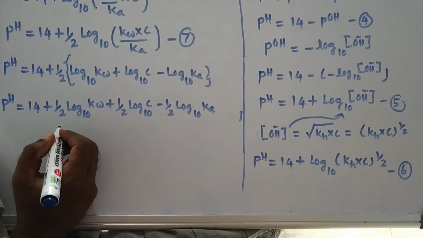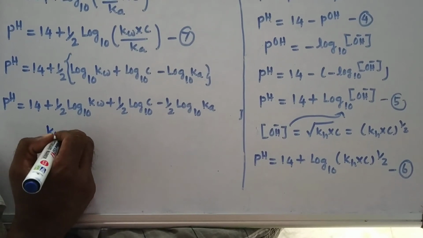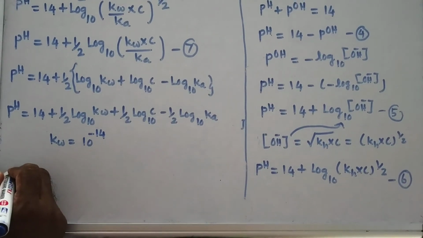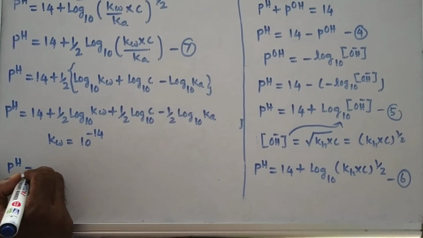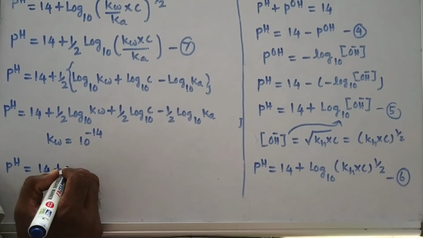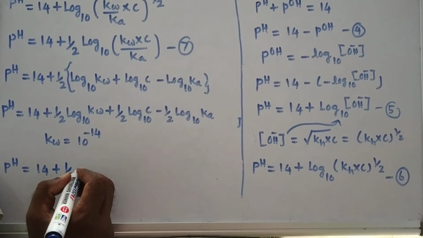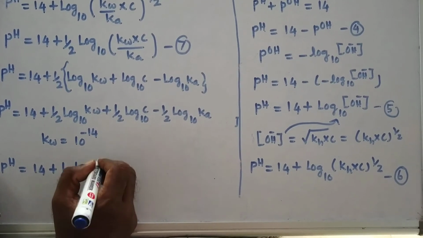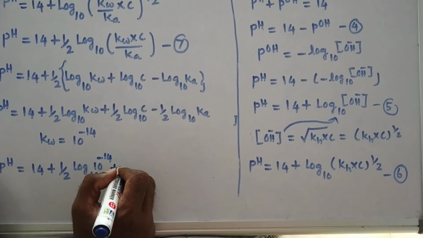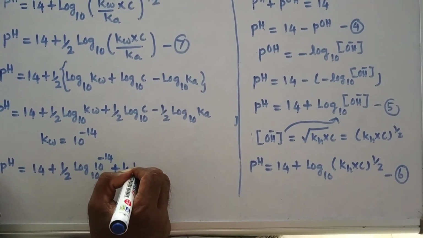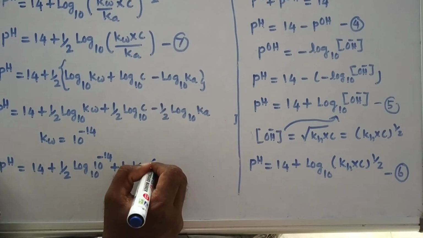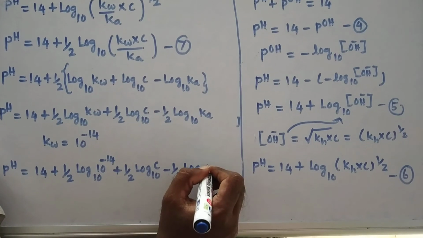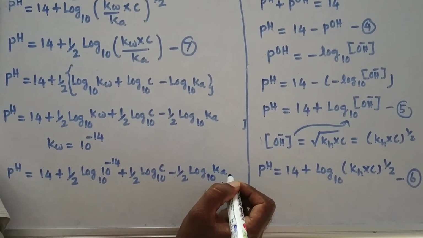Now substitute the value of Kw in this equation. Kw equal to 10 power minus 14. So pH equal to 14 plus half log 10 power minus 14 plus half log base 10 C minus half log base 10 Ka. Now I am going to erase that side.